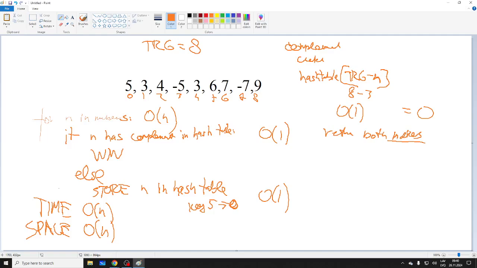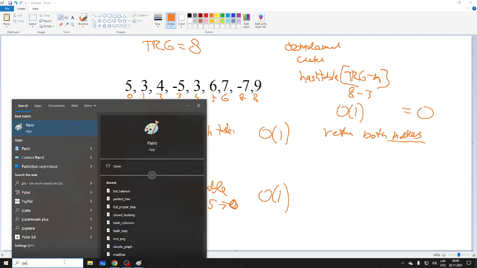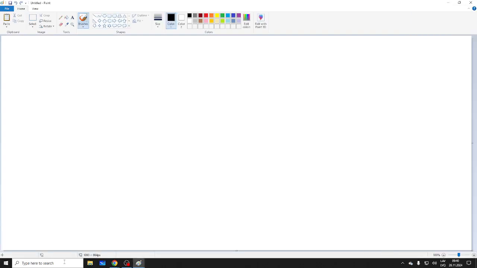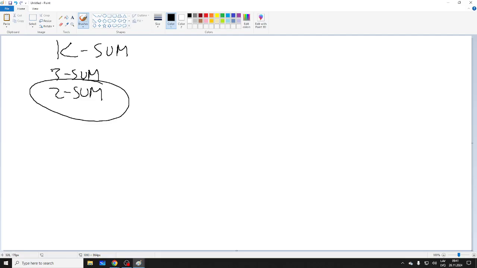Again, I'm just sketching this idea. So in general, if you can solve it for smaller cases, I'll do another paint. We call this K-sum. Three-sum, two-sum: we know this, we knocked it out of the park.